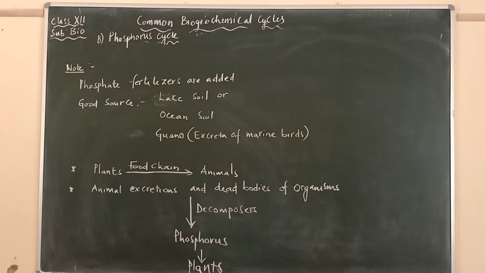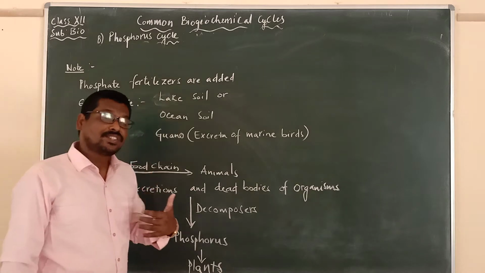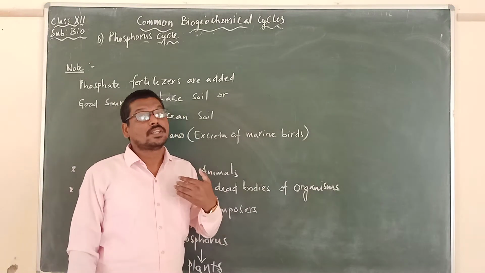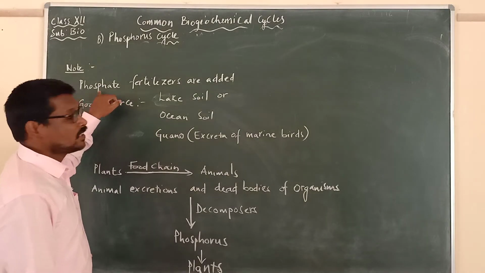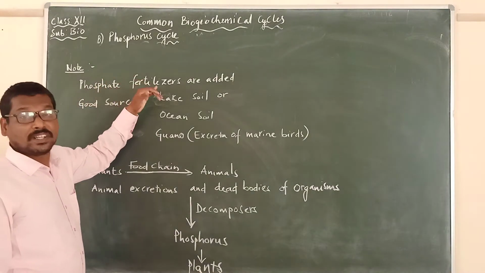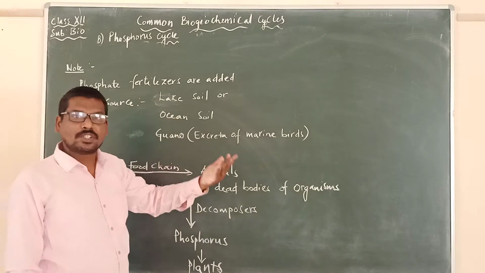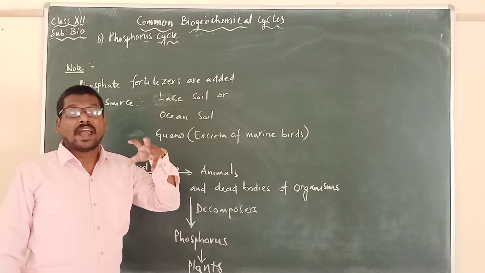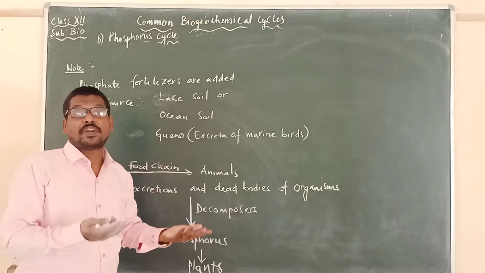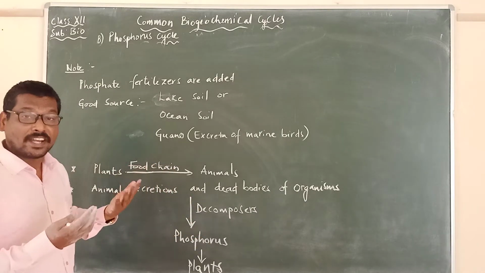And here we should also remember, at some point when there is a deficiency of phosphorus in the soil, phosphorus is also added in the form of phosphate fertilizers into the soil. So phosphate fertilizers are added into the soil, and this phosphate is available for the plants to use.